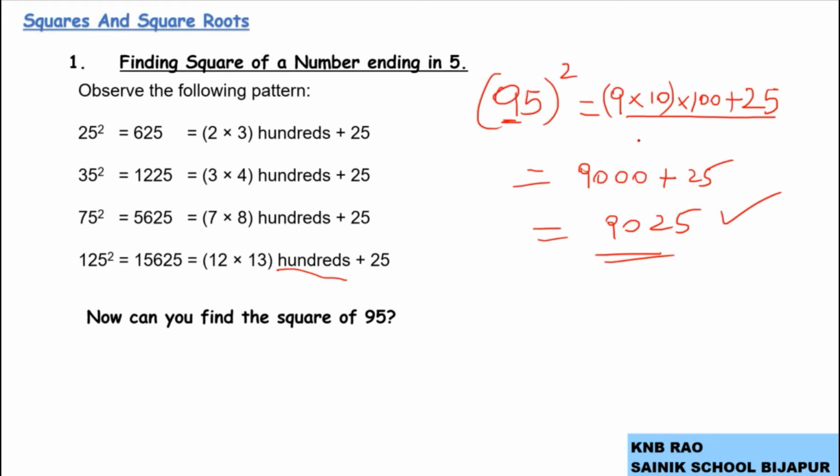Now let us come to the reason behind this, why it happens so. If you want to reason out, let us assume one example. Let us take the number 75 only.